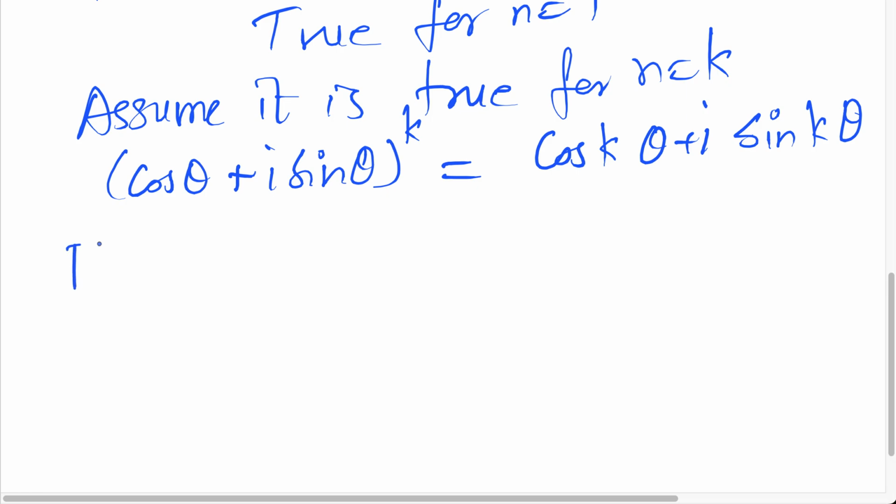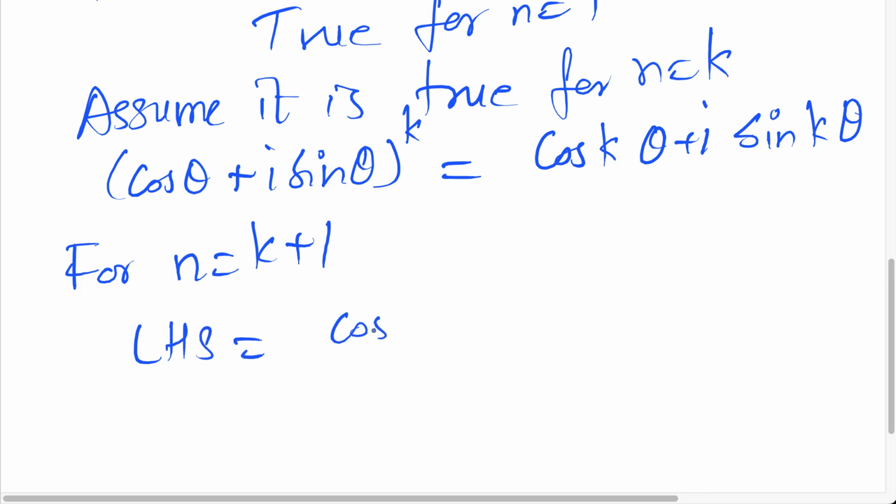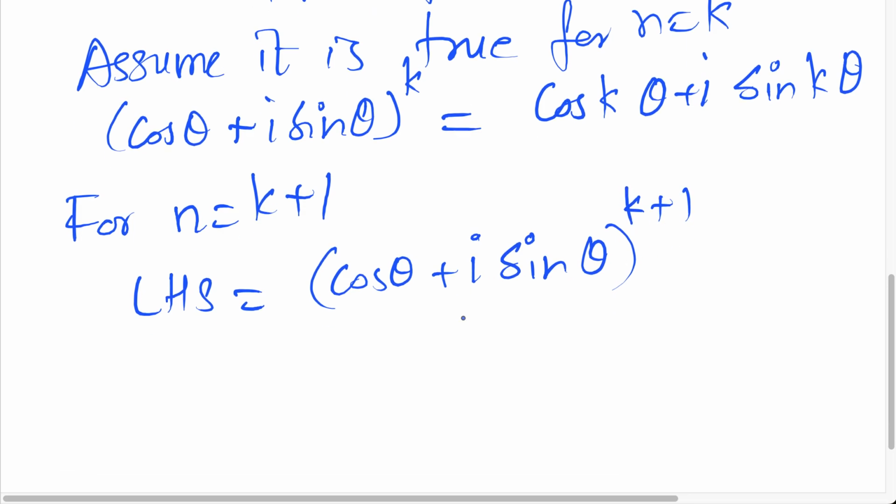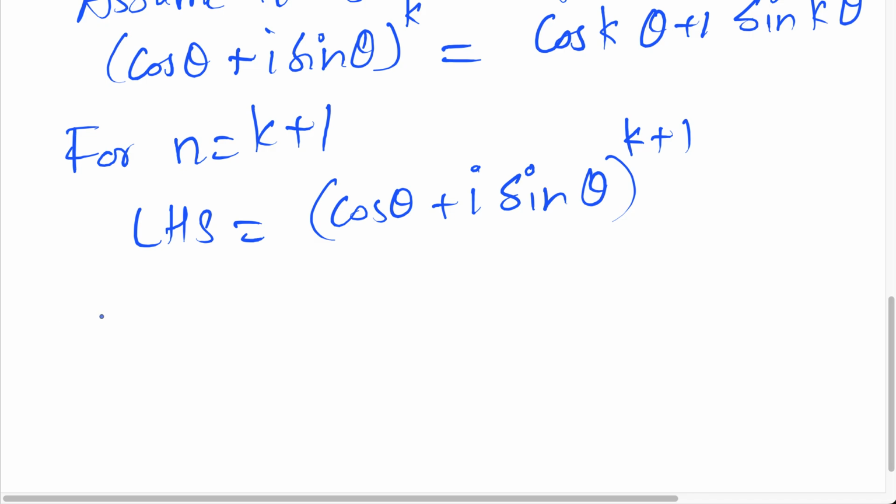Now using this, I'm going to find out what happens for n equal to k plus 1, and here I'm going to do LHS equal to, again let me warn you, this proof assumes that you know some identities in trigonometry. In case you don't, then you can revisit this unit when you have learned that part of trigonometry.